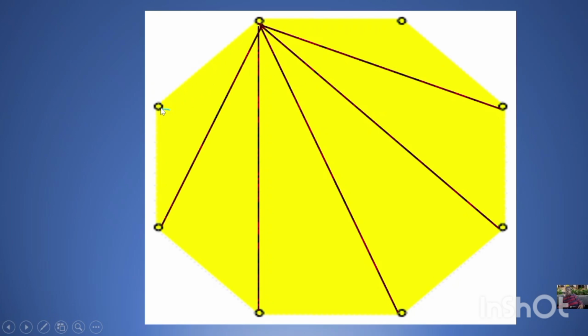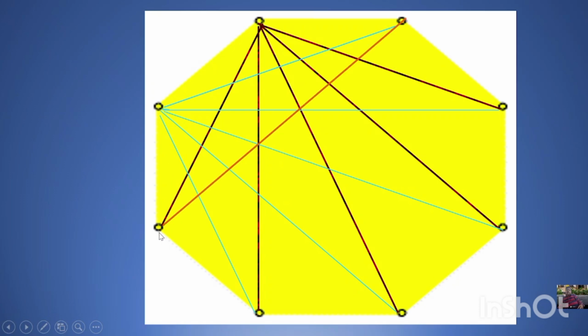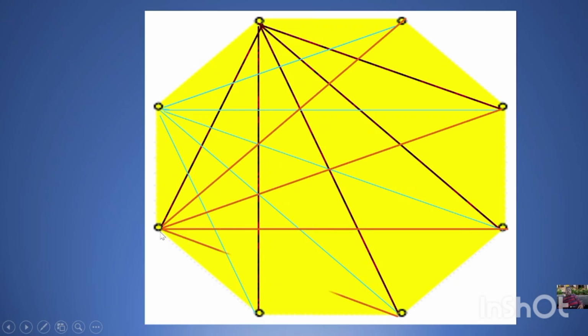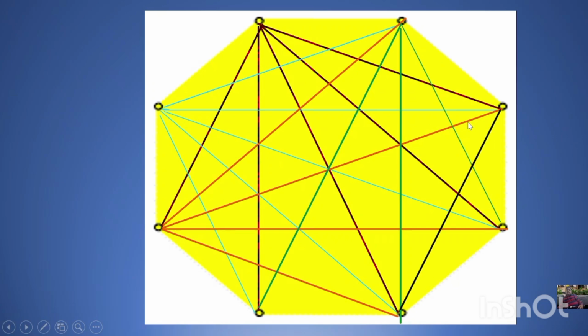So at this vertex, 6, 7, 8, 9, 10, 11, 12, 13, 14, 15, 16, 17, 18, 19, 20. So 20 diagonals in the octagon. Such a wonderful figure and diagram for you. Okay, and also you try for that. So mathematics is full of design and interesting facts. Okay, do it and follow it.